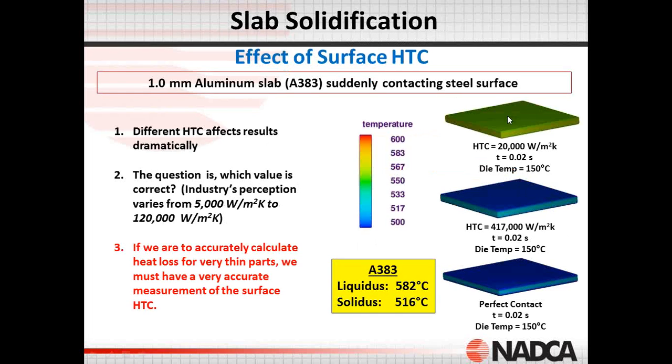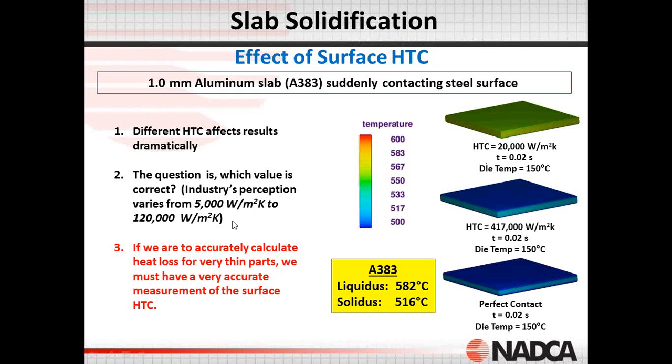We've done simulations for different heat transfer coefficients for this 1 millimeter thick slab. And we have noticed that the rate of solidification of this slab, say for the first 20 milliseconds in our simulation, which is in the order of fill times for parts of this sort, or less for that matter, dramatically varies depending on our choice of heat transfer coefficient at this interface.